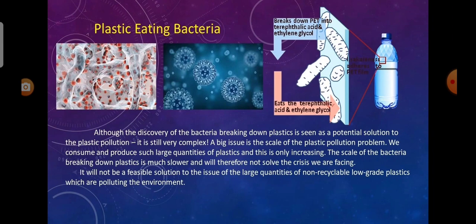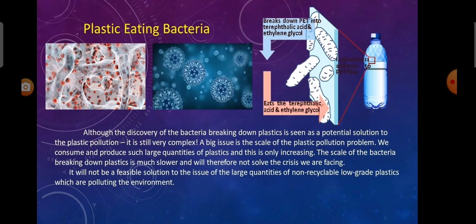Bacteria breaking down plastic is much slower and will therefore not solve the crisis we are facing. It will not be a feasible solution to the issue of the large quantities of non-recyclable low-grade plastic which are polluting the environment.